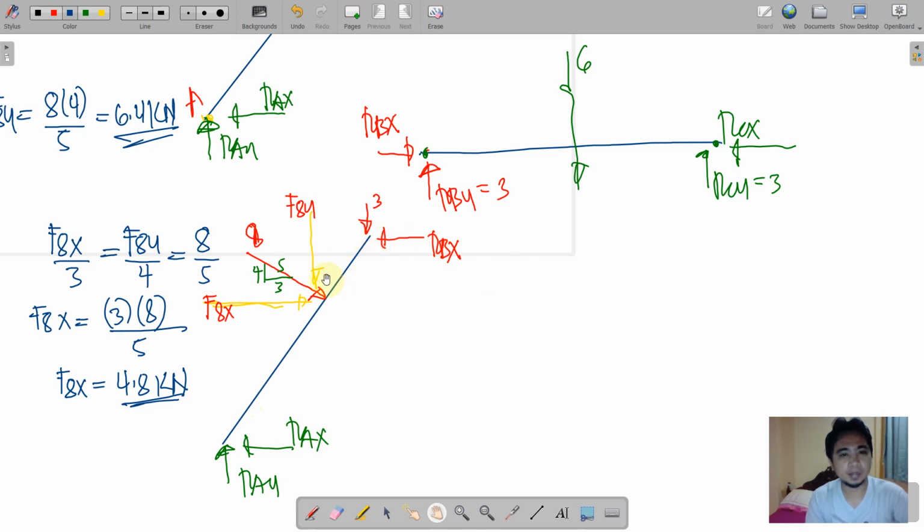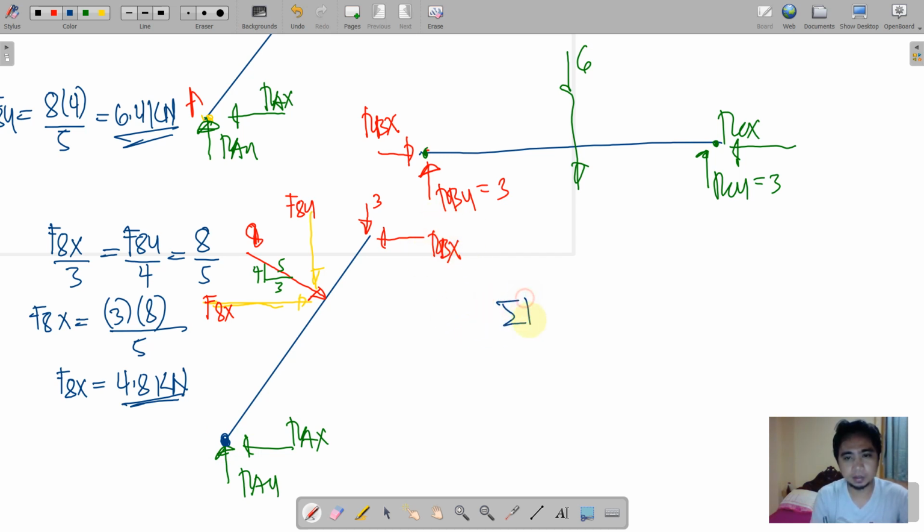So, hindi natin alam. Hindi naman equally divided po yan na yung F8X paghahatian lang ng RAX or RBX because it is not symmetrically loaded. So, we have no choice but to take moments at this point, okay, and come up with RBX.